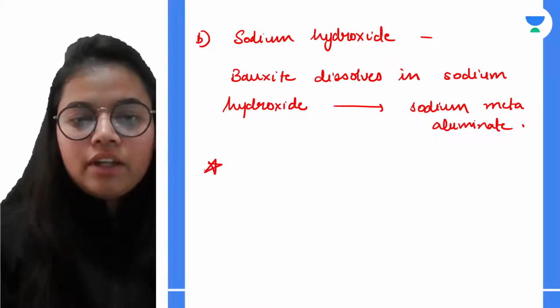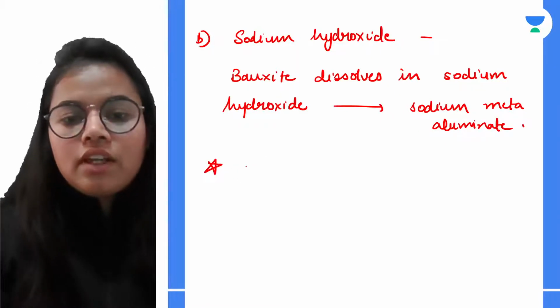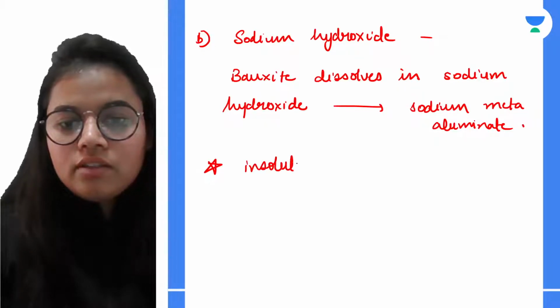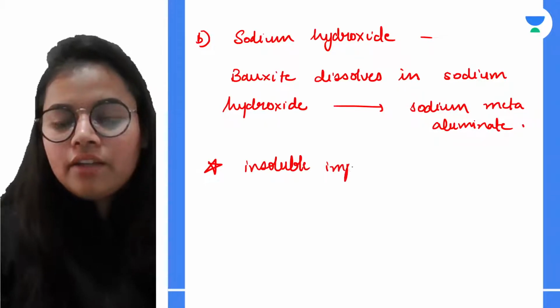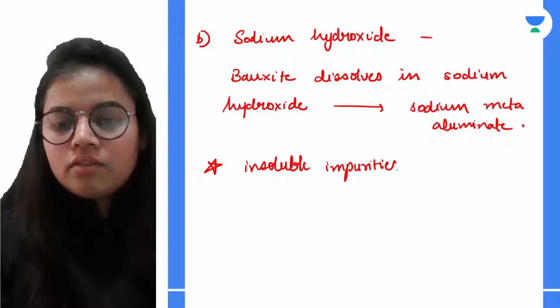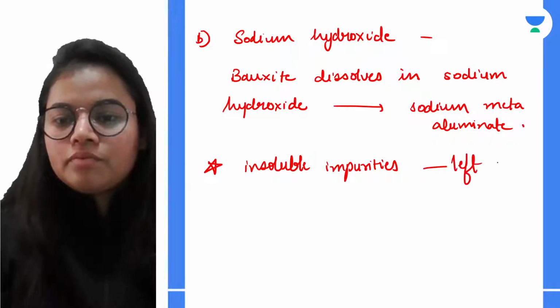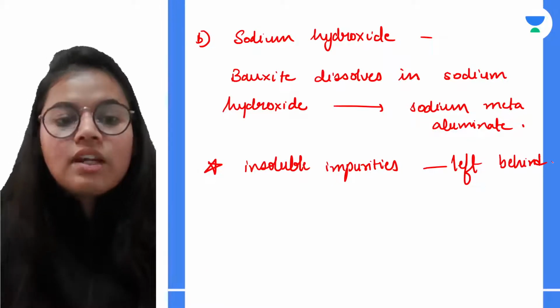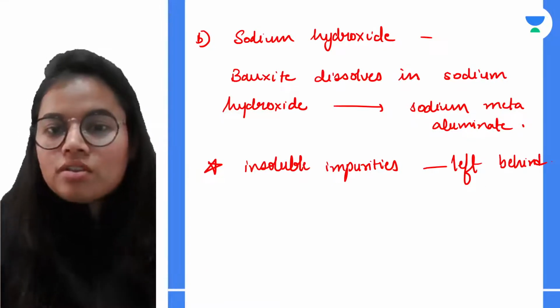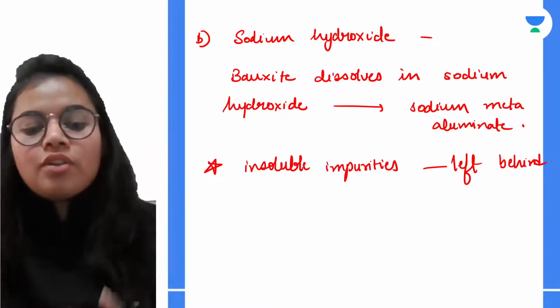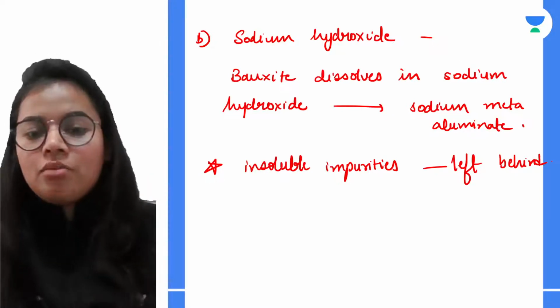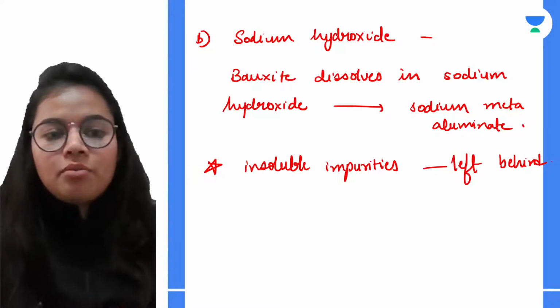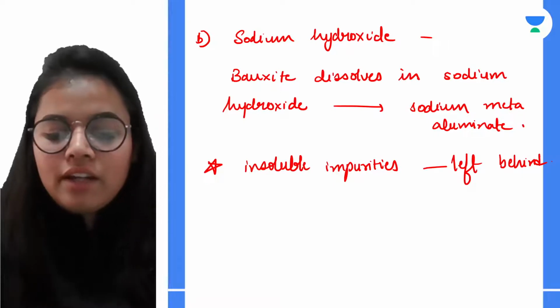Points to remember: some of the insoluble impurities are left behind. So the basic use of sodium hydroxide is to dissolve the bauxite to form sodium metaluminate, and all insoluble impurities are left behind.